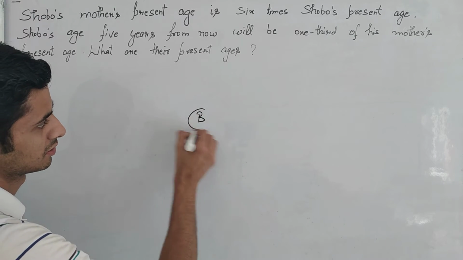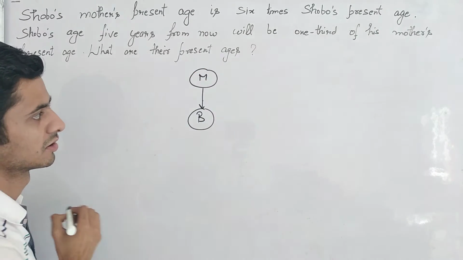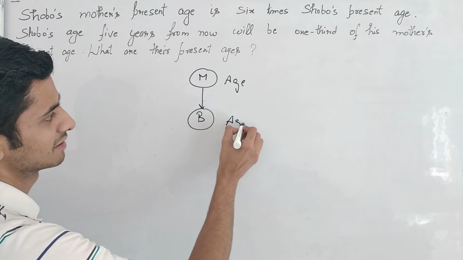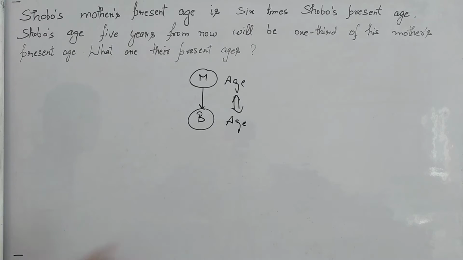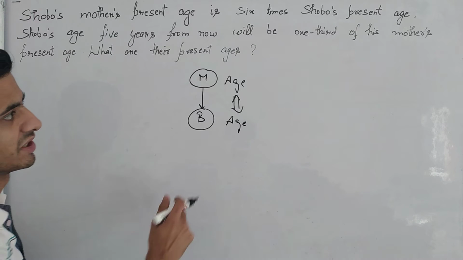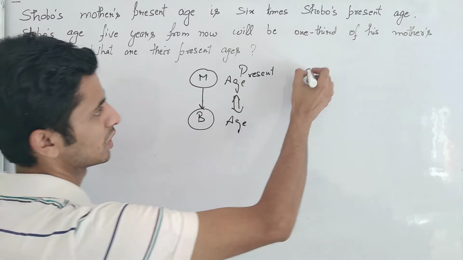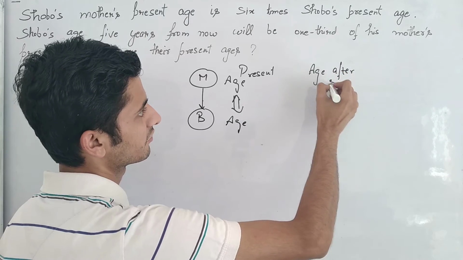Boy, mother, their age, and some relation between their ages has been given. Two relations have been given. One is according to their present age, and one is after 5 years.